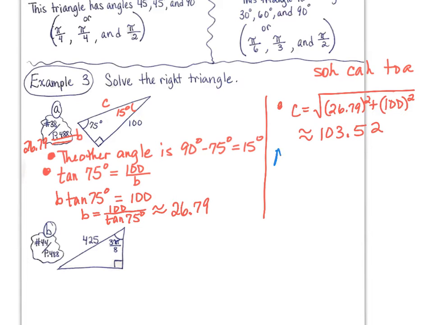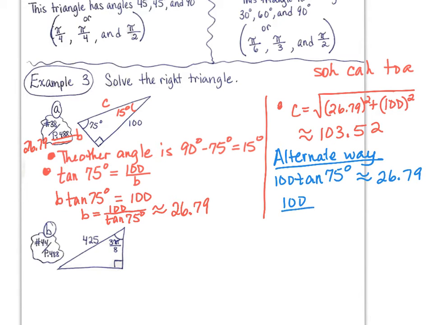So again, note that there is an alternate way to find B. B would be 100 times tangent of 75 degrees. That would give you 26.79. And then the hypotenuse would have length 100 over sine of 75 degrees.